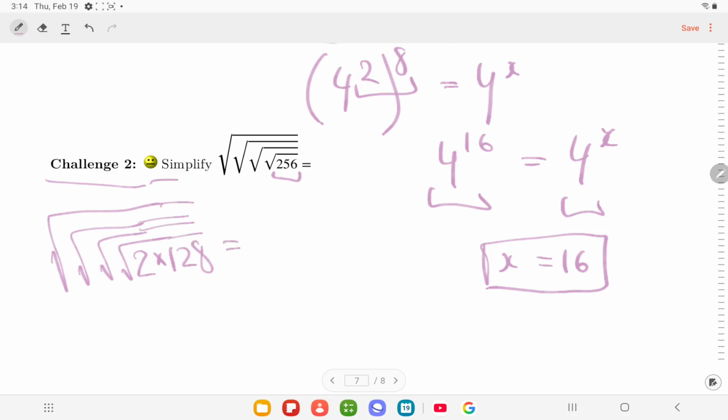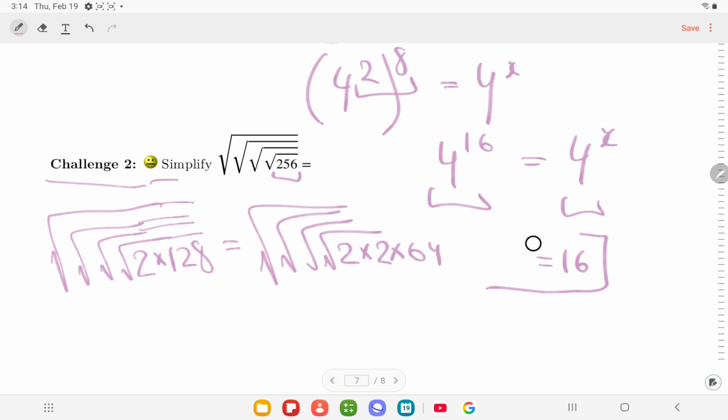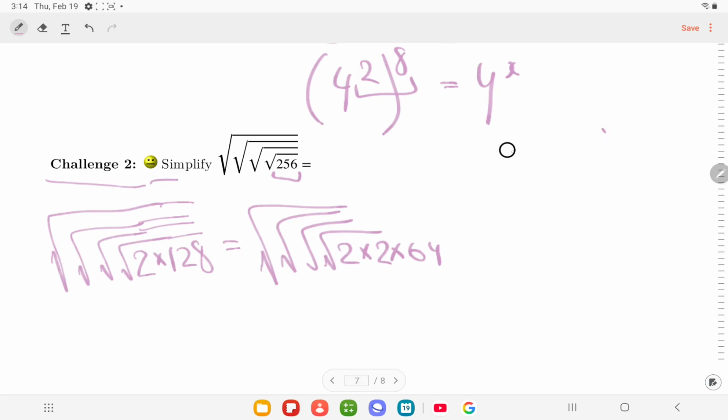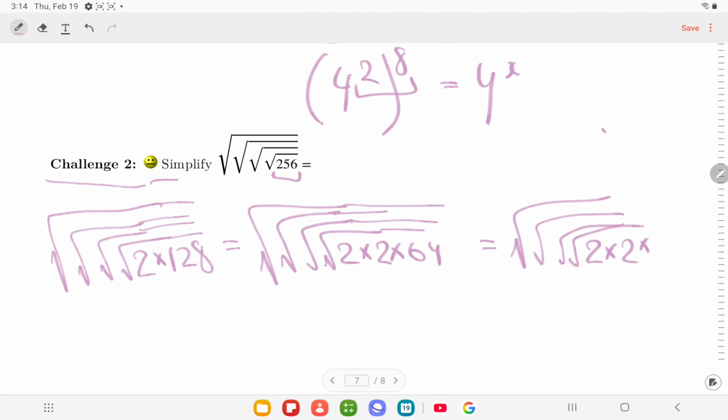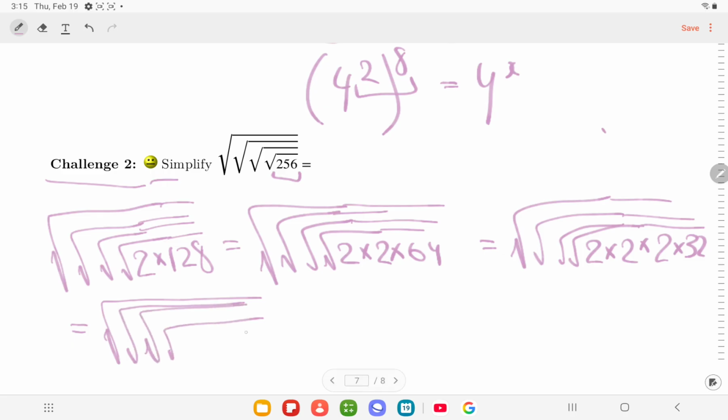And now we can break down 128. 128 is equal to 2 times 64. And now we can break down 64. And 64 is 2 times 32. And now we can break down the 32.